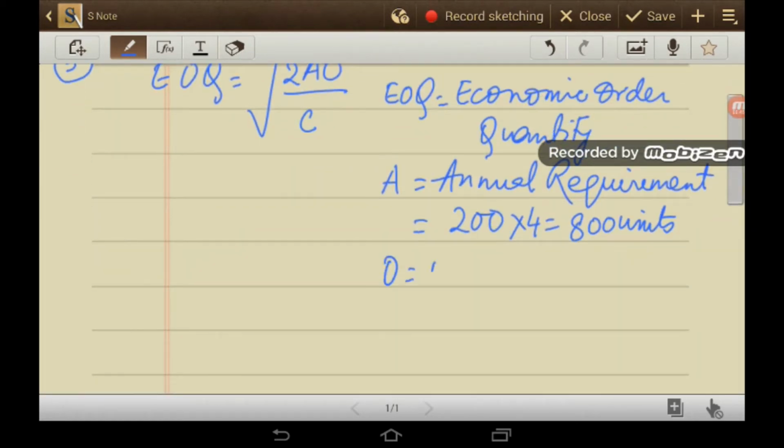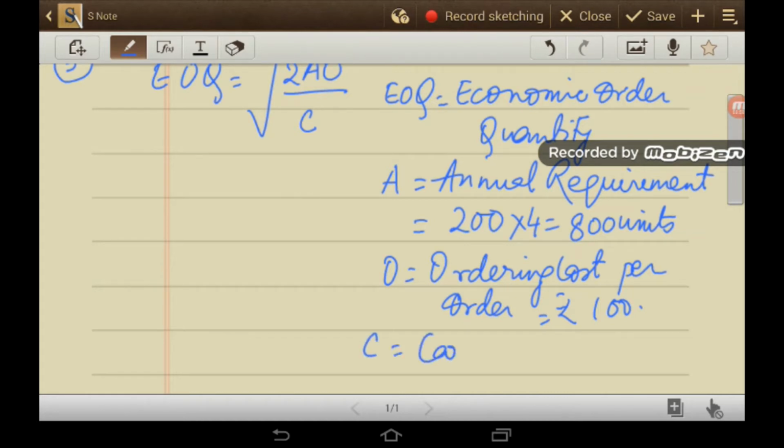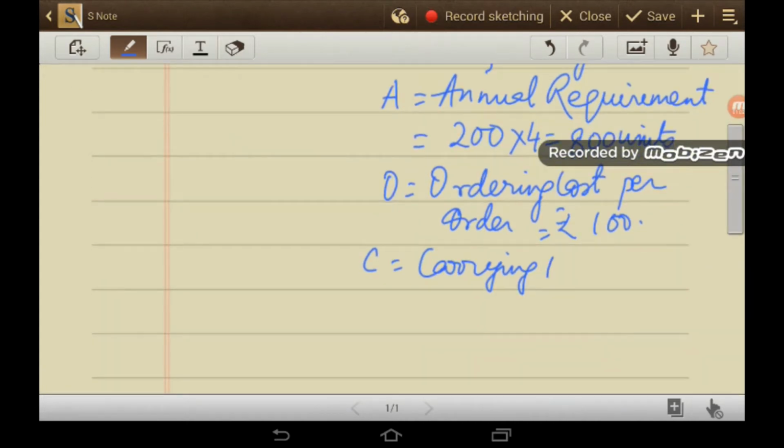O means the ordering cost. Ordering cost per order. So here it is rupees 100. And C is the carrying cost. This is very vital. So this is the carrying cost per unit per annum. So here in this case it is given as rupees 4.